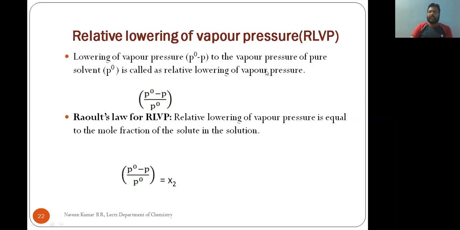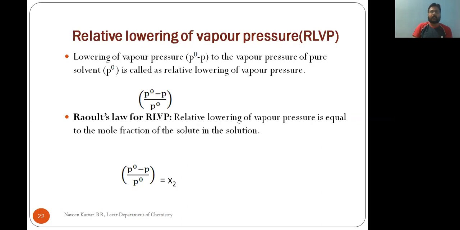Before addition of the non-volatile solute, the solvent vapor pressure will be more, and after addition, the vapor pressure of the solution decreases. Hence, this decrease is called lowering of vapor pressure. That is, P naught is the vapor pressure of the pure solvent and P is the vapor pressure of the solution. As the vapor pressure of the solution is always less due to the addition of a non-volatile solute, the difference of P naught and P is taken as the lowering of vapor pressure.